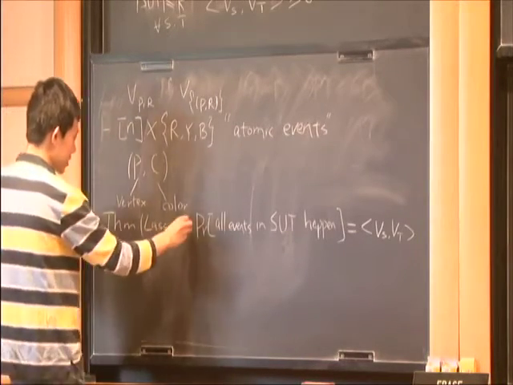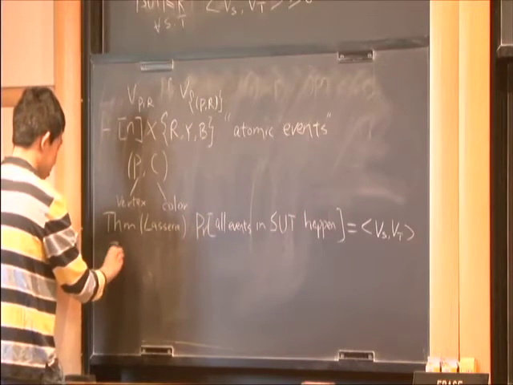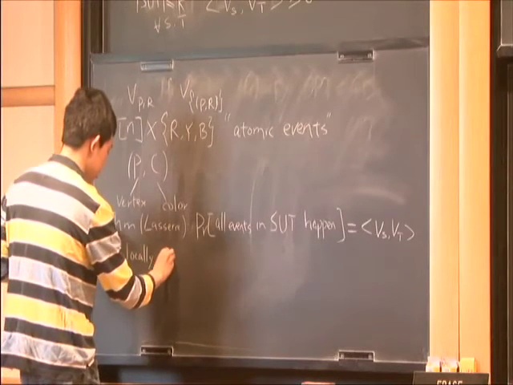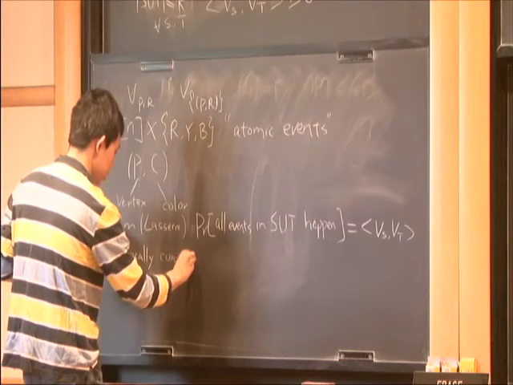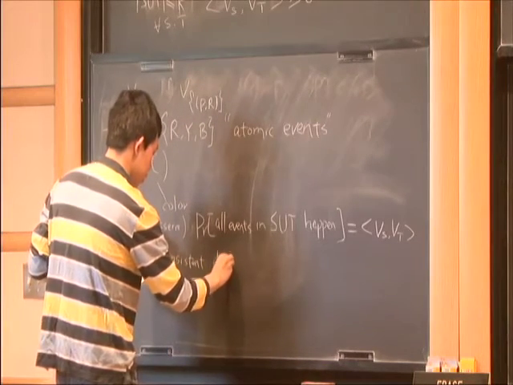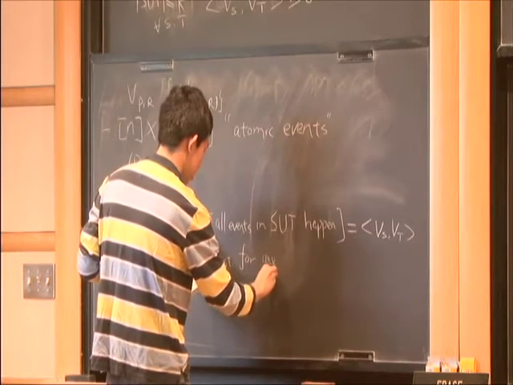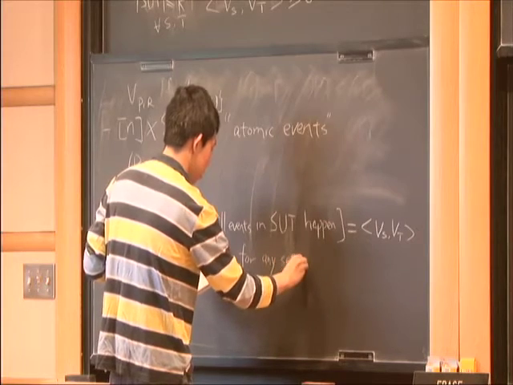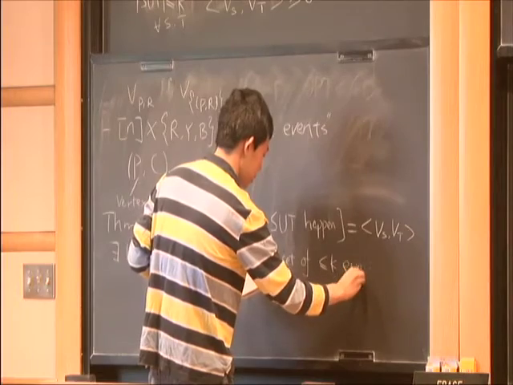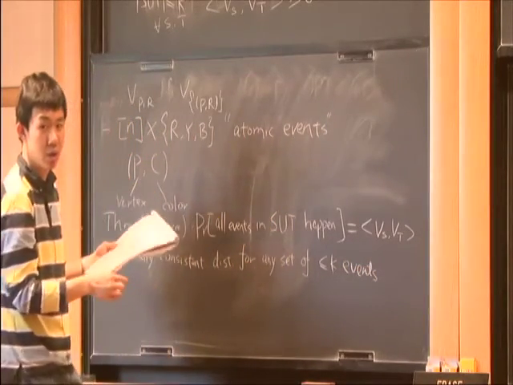So there exists a locally consistent distribution for any set of at most k events, and the probability is this.